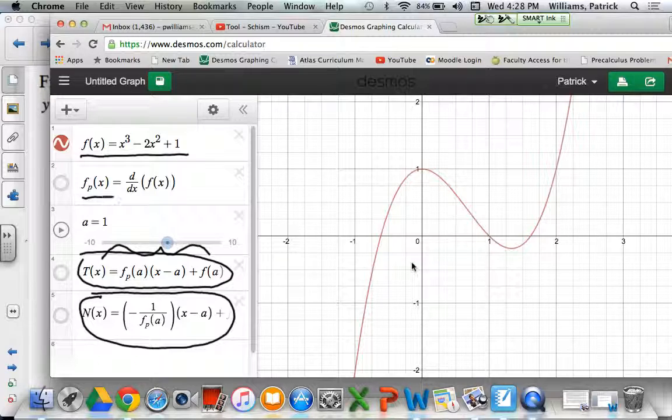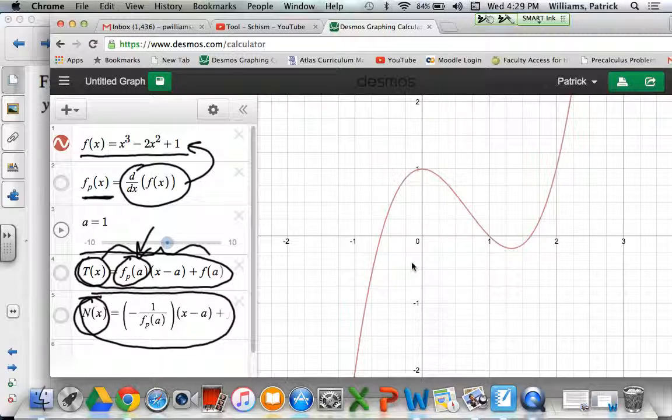In this case, fp of x, the subscript p stands for prime. That's the derivative of our function f of x. So if I'm looking at fp of a, I'm saying what is the derivative of our function at x equals a, which remember, a derivative means the slope of a line tangent to the curve. So fp of a is giving me the slope of my tangent line. So if I just plug that into the point slope form, I get an equation for the tangent line.